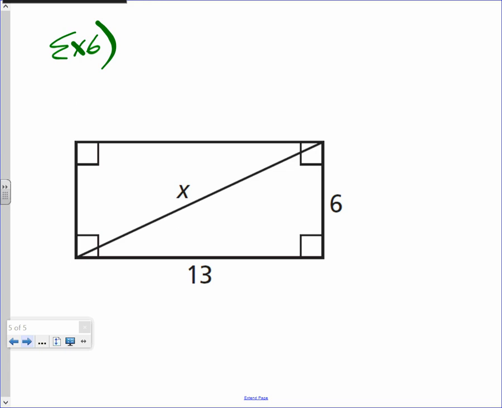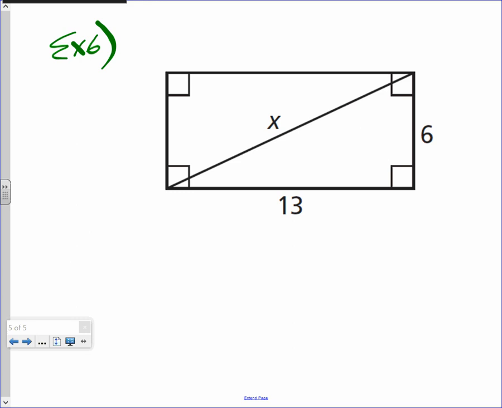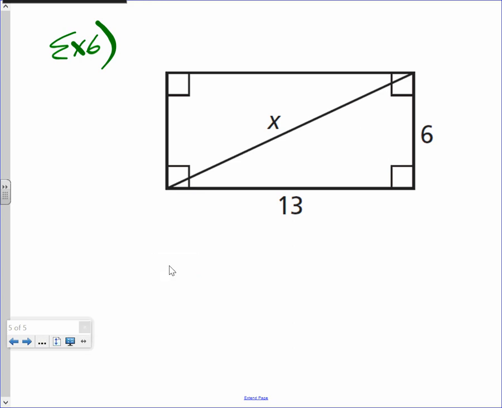Notice that. So the mission is solve for x.